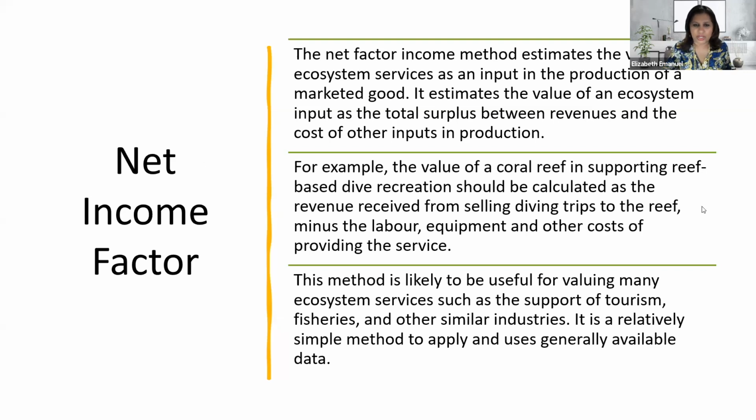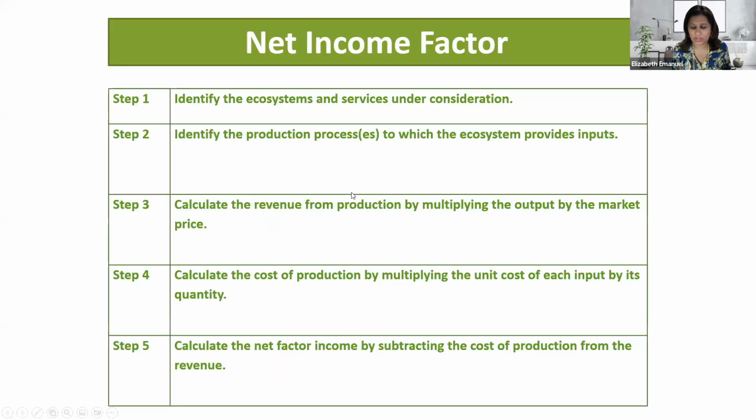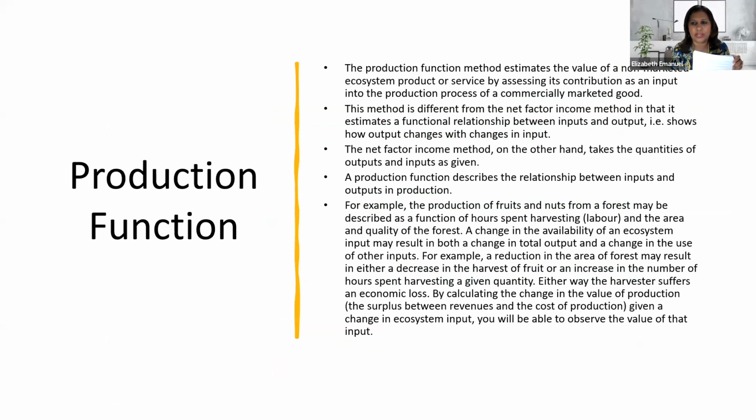Let me just go on to one more. So I'm going to ask Anna to remind me again about the photo. So net income factor, then we're going to go on to production function, which I mentioned this morning as well. It's really looking at the value of a non-marketed ecosystem product or service by assessing its contribution into something else.